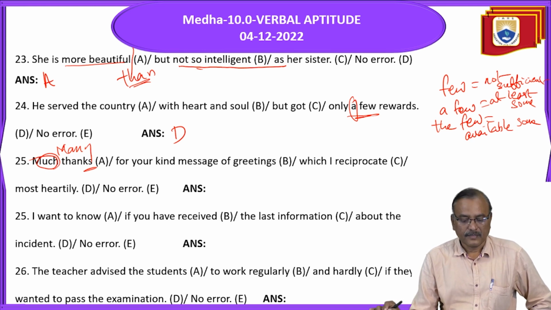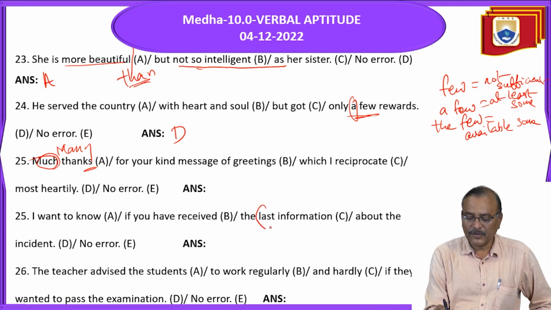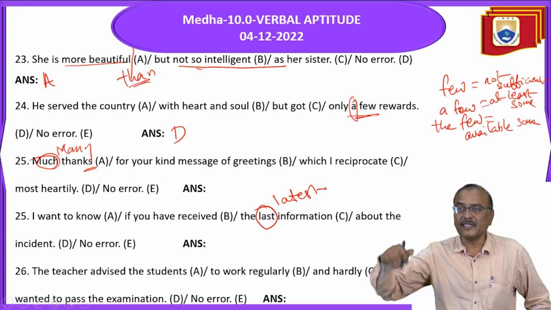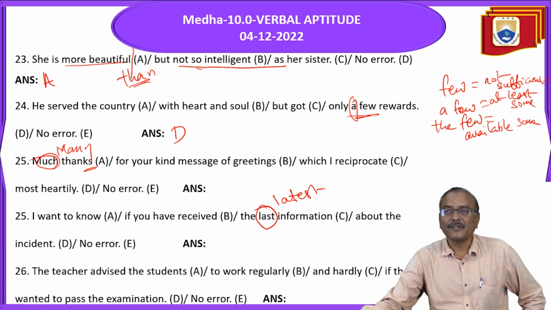Next. I want to know if you have received the last information about the incident. Don't say "last", it should be "latest" information. There is a difference. Latest means recent. Last means in the order, the final. So don't get confused.